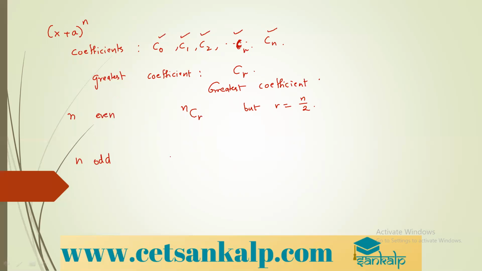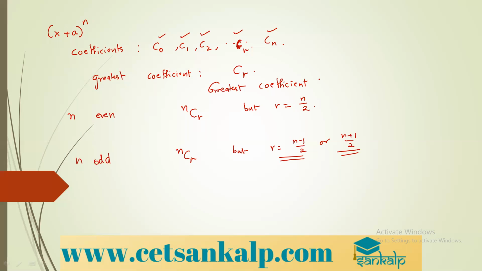When the power n is odd, nCr is also the greatest coefficient, but in place of r you have to put (n−1)/2 or (n+1)/2, because when n is odd you will have two greatest coefficients. Both will be the same.